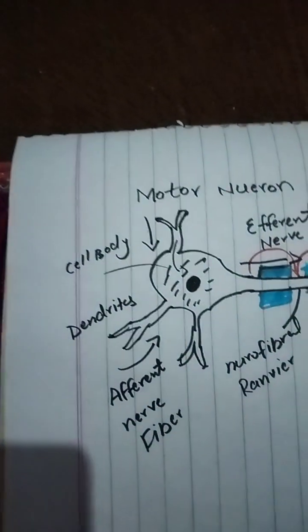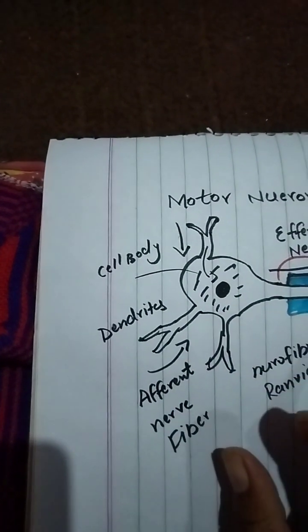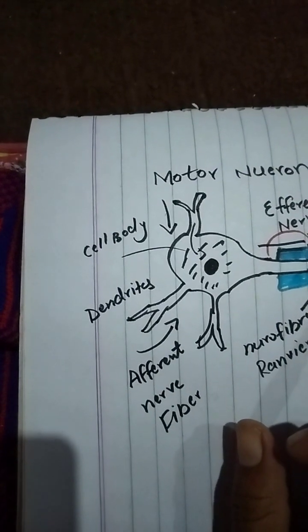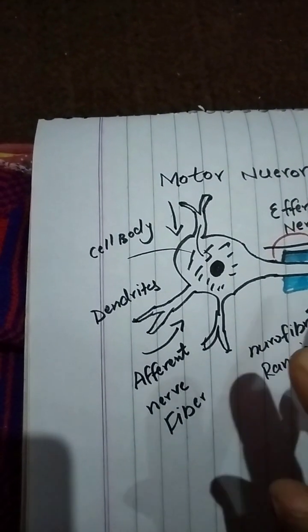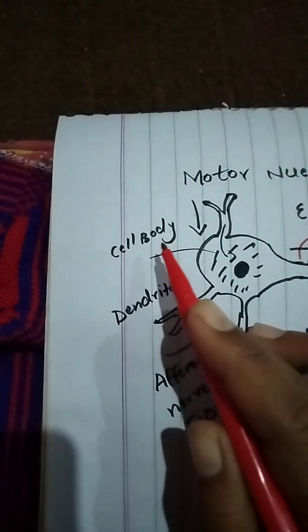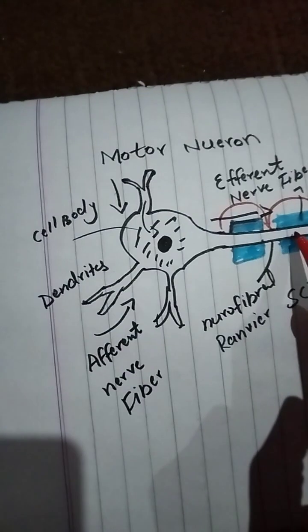So we review. The motor neuron is a type of nerve cell. The motor neuron consists of dendrites, cell body, and axon.